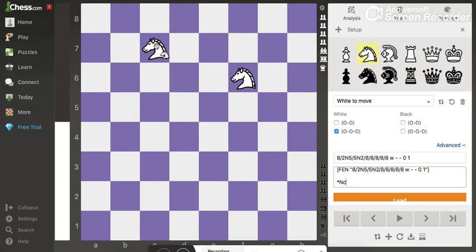So normally Nc and then d5, Nc d5. If this other knight had come to this square, then you could have written Nf d5.